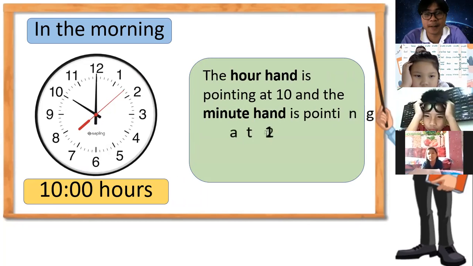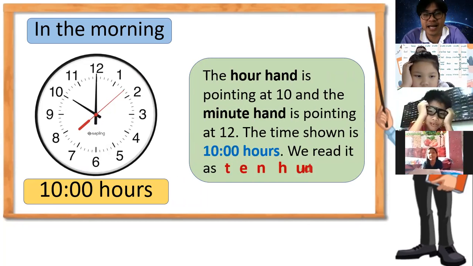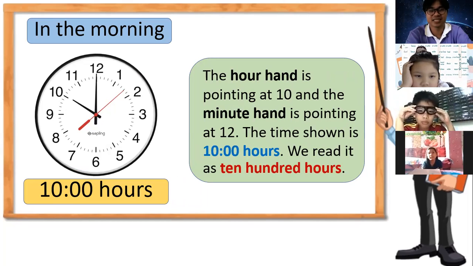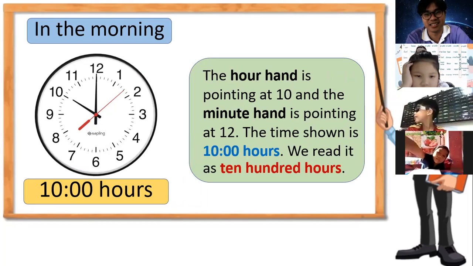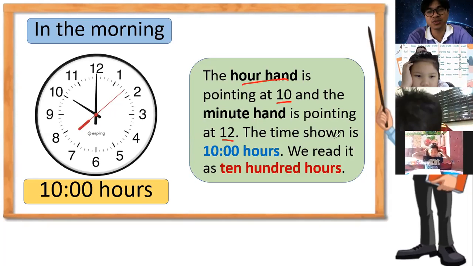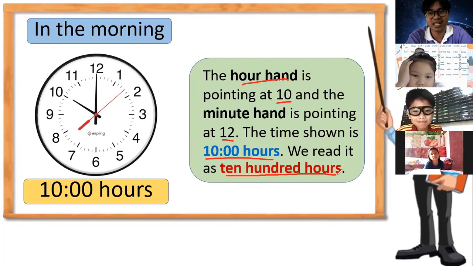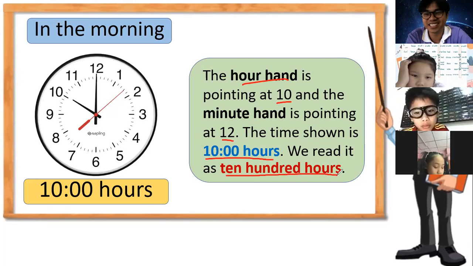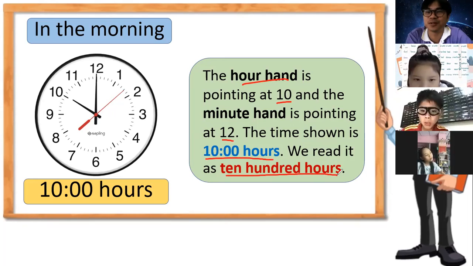The hour hand is pointing at 10, and the minute hand is pointing at 12. So the time shown is 10:00 hours. We read it as 10:00 hours.